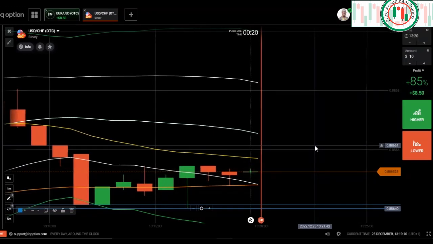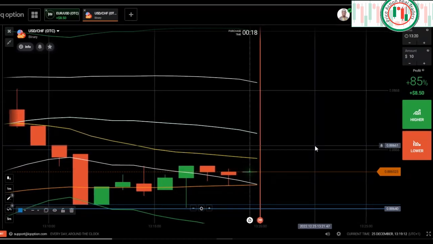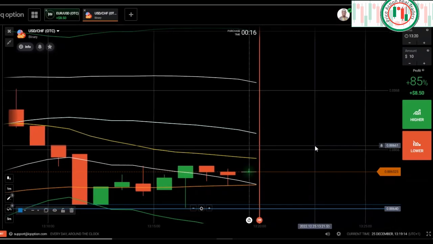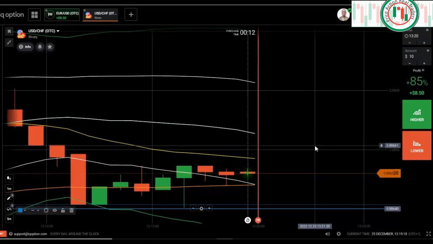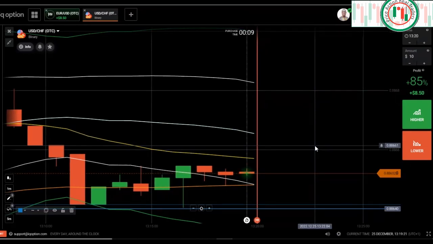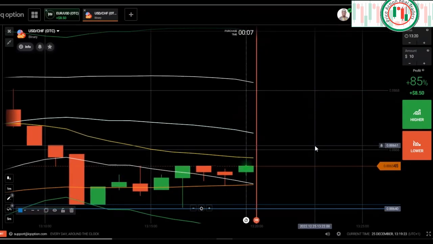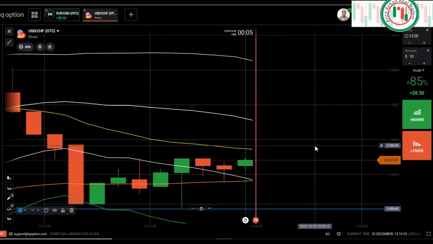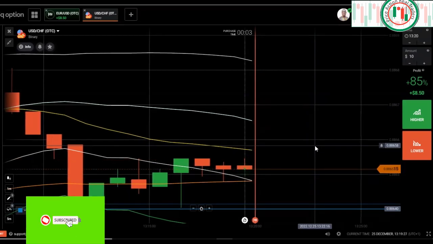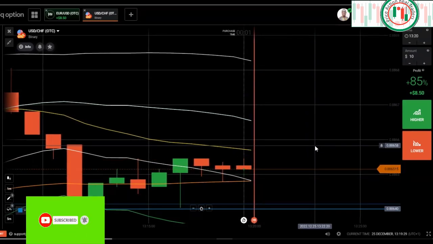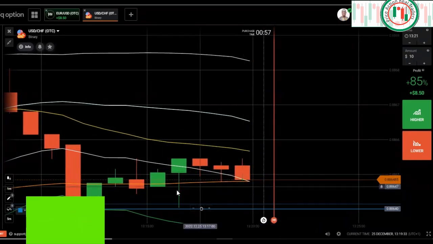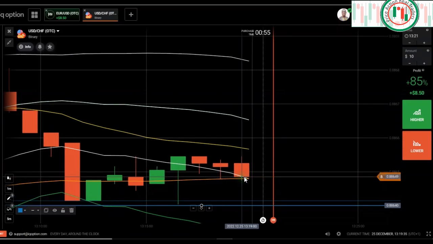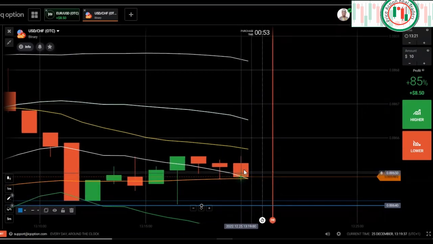This is a very low volume market, so let's wait for the market to break the consolidation area. You see, the market is still trying to go higher, but the 20 MA is still pointing down. It's not flat, but 50 is flat, so it means the market is breaking the 50 MA.